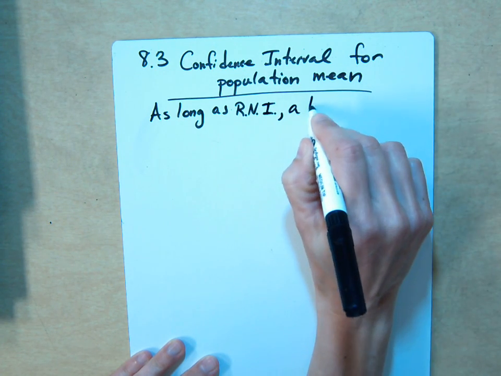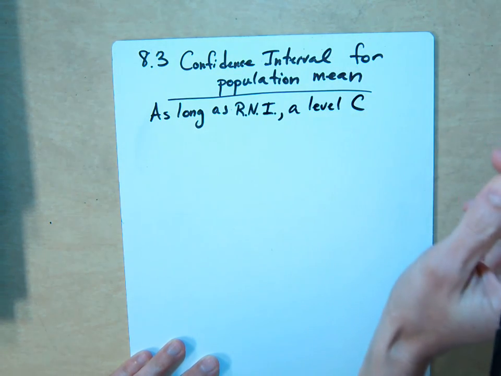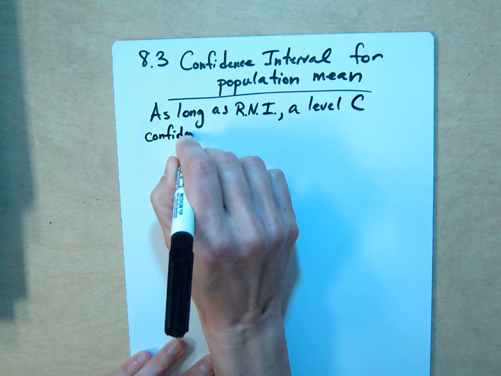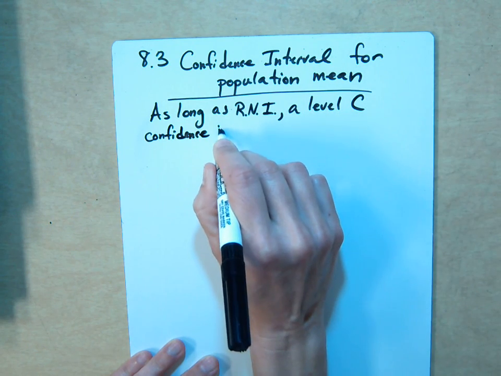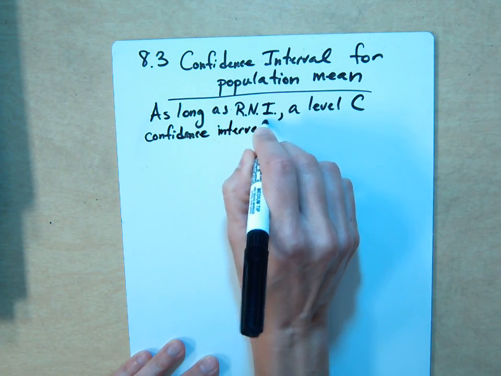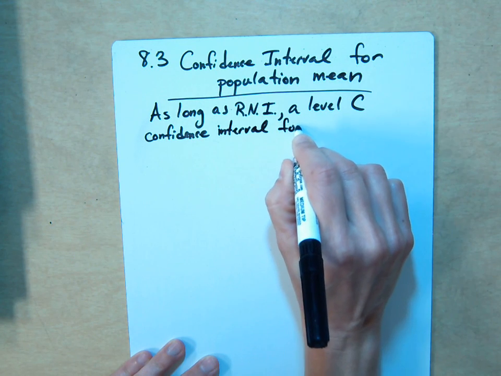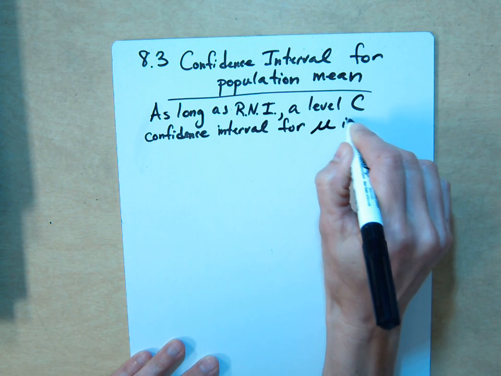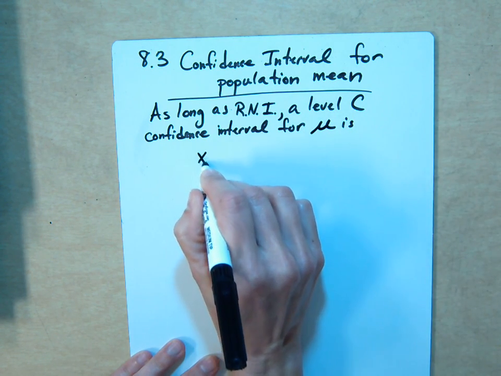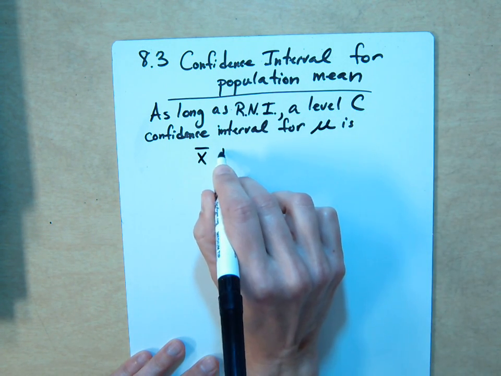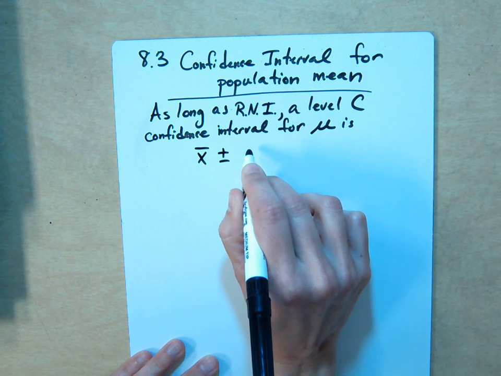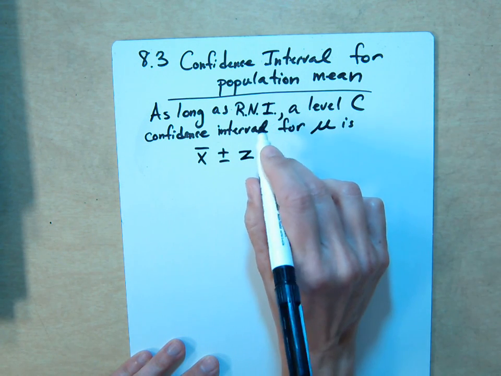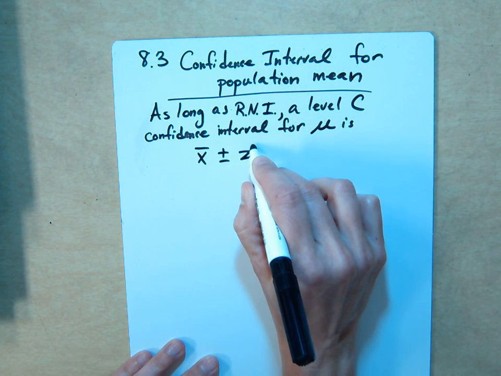A level C confidence interval for population mean mu is the sample mean x bar plus or minus z star, where z star is your standard normal critical value depending on your confidence level.